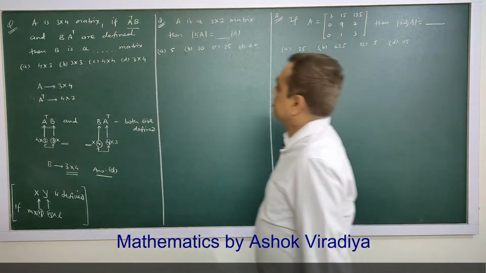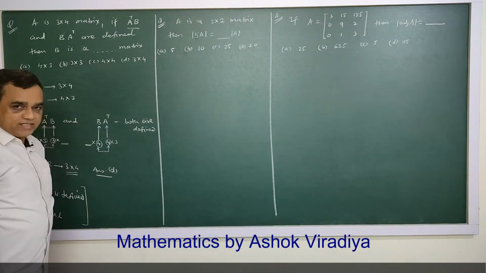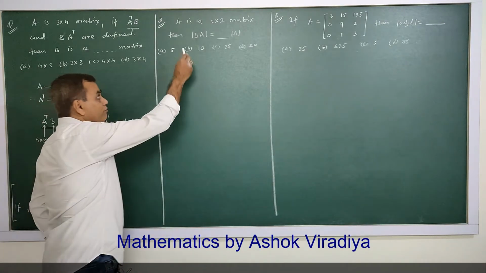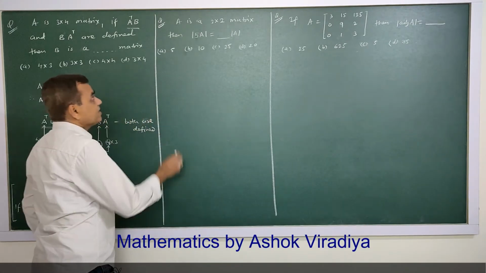Now here in this question, A is a 2 by 2 matrix. Then what is the determinant value of 5 times A? So remember one property.